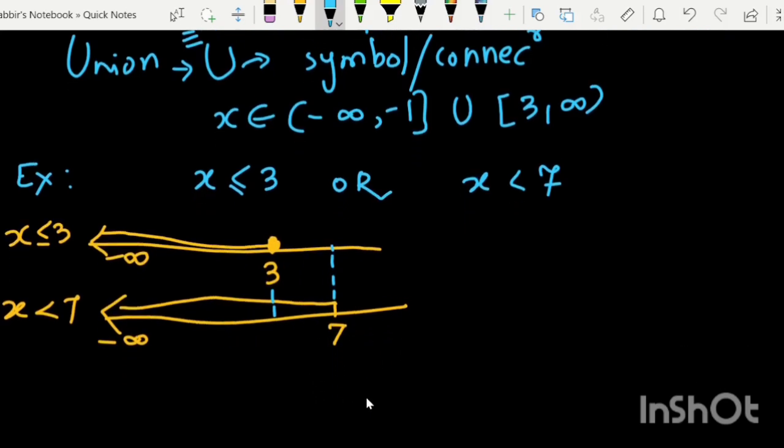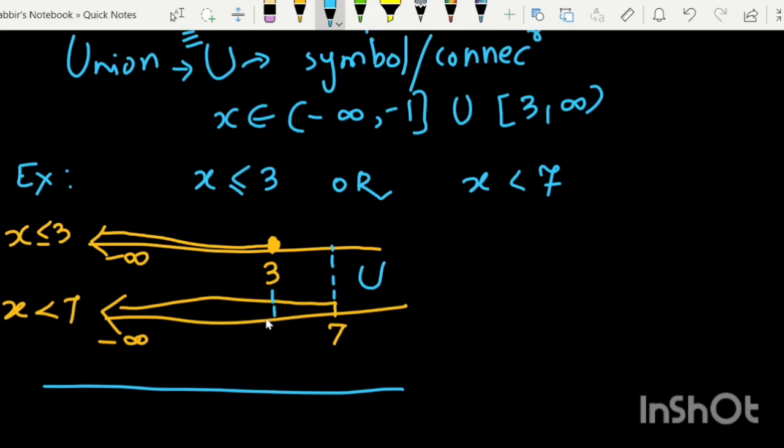Now as you can see here guys, we are doing union. Union means take everything, whatever this inequality has, whatever this inequality has, whatever the common solutions they have, everything we have to take.